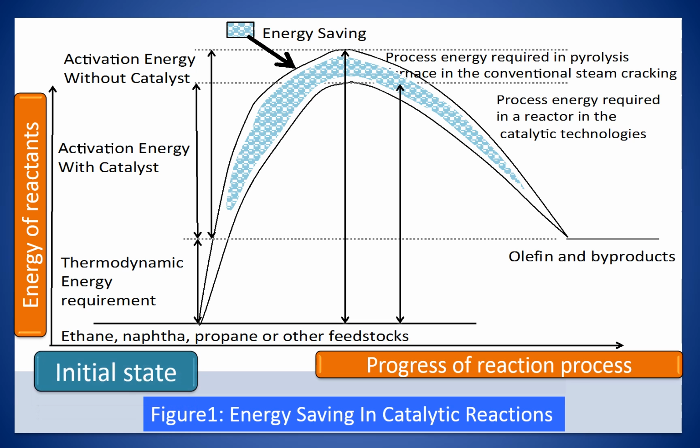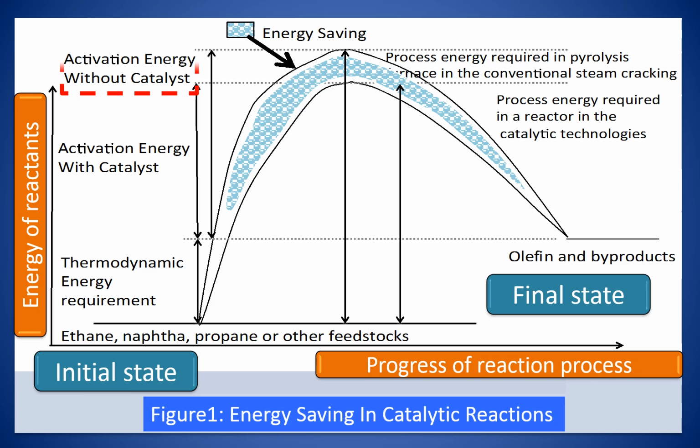This chart is an illustration of how a catalyst lowers the energy level in a chemical process. This figure is a plot of energy of reactants versus progress of reaction. You can observe the activation energy required for the reaction without catalyst is higher.